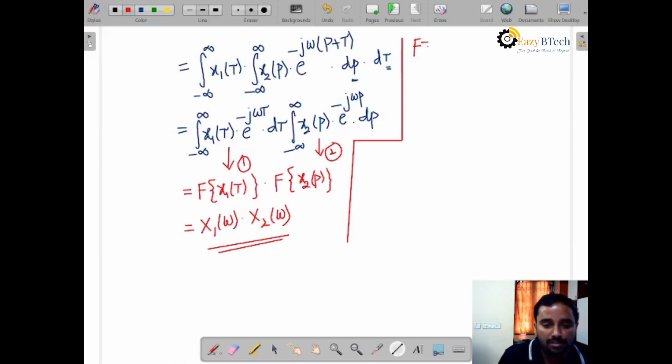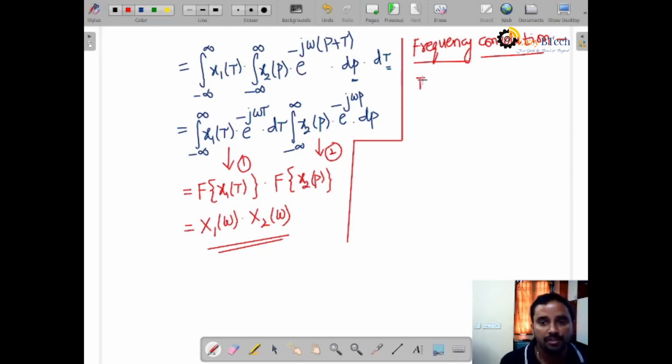So what is frequency convolution saying? Convolution in frequency domain is multiplication in time domain.